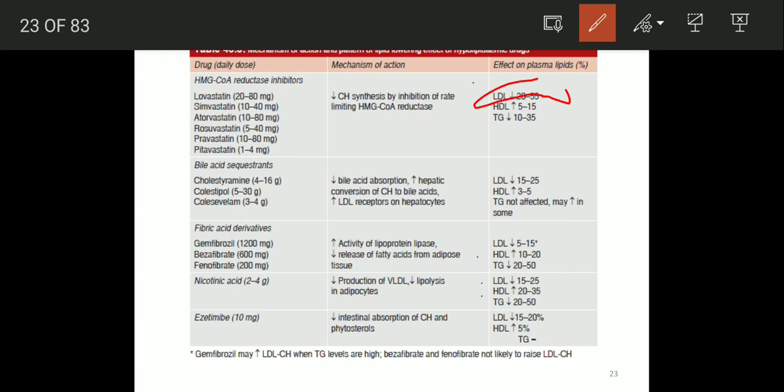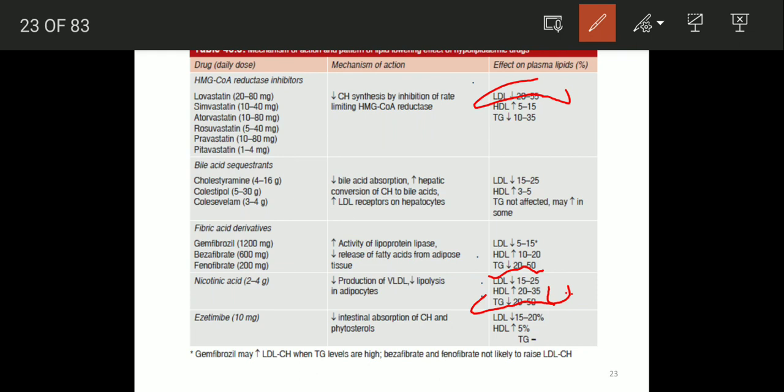Now fibric acid derivatives, fibrates, decrease triglyceride 20 to 50%, which we can see in the table. And nicotinic acid decreases triglyceride 20 to 50% and has the most potent potential for increasing HDL.